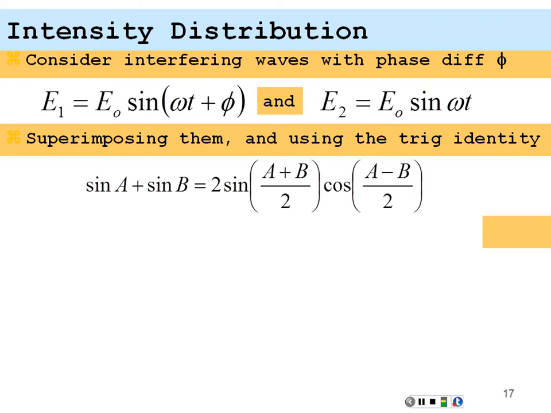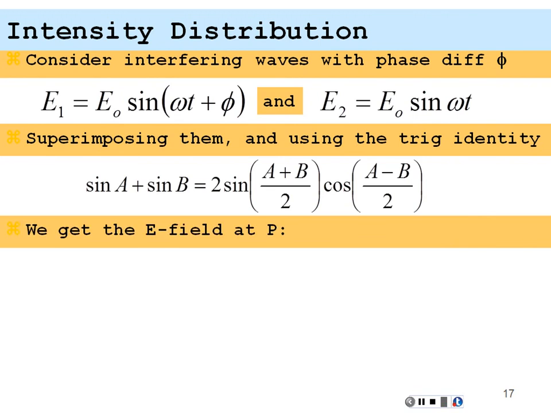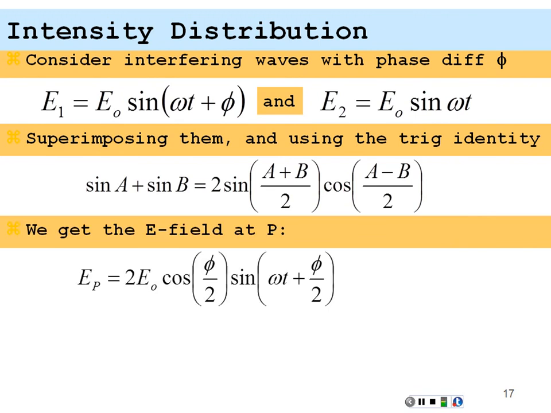So adding these two together, we get that the E field amplitude at some point P is equal to 2 E naught cosine(phi divided by 2), because we have the A minus B factor and the omega t's cancel out, times sine(omega t plus phi divided by 2). Because the 2 omega t's divided by 2 gave us an omega t plus phi divided by 2. So that's just employing this trig identity.